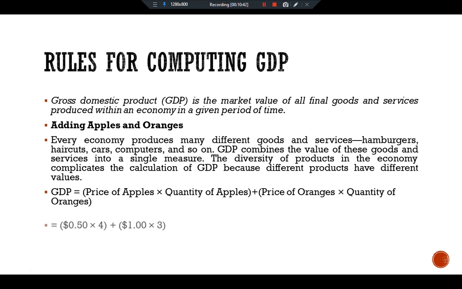So we calculate $0.5 multiplied by 4 plus $1 multiplied by 3, and we get 5. So GDP is equal to 5, the value of all the apples plus the value of all the oranges.